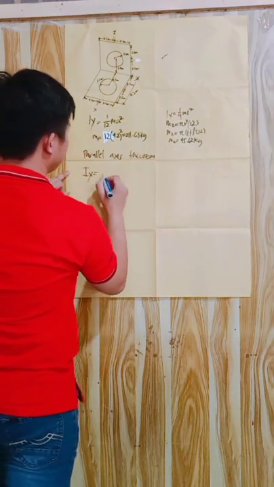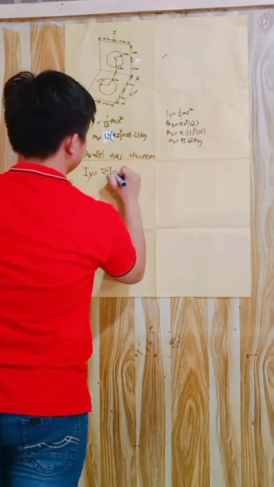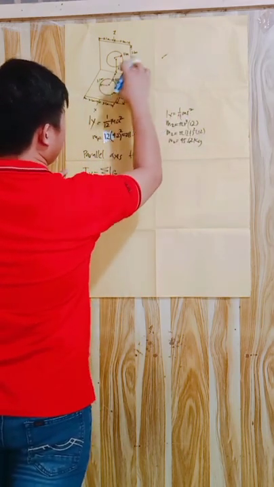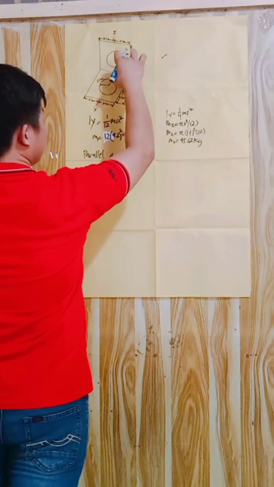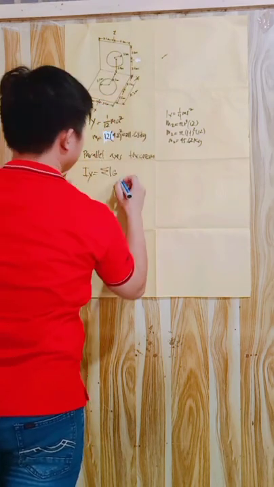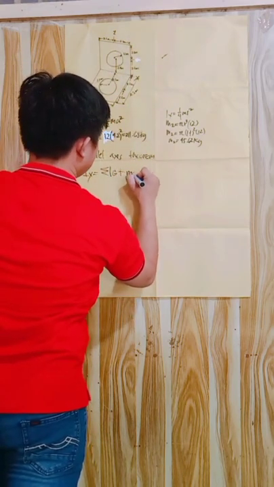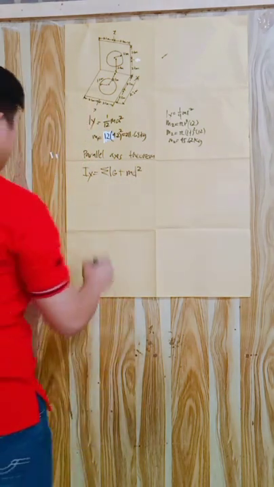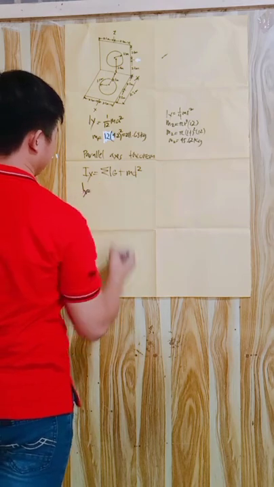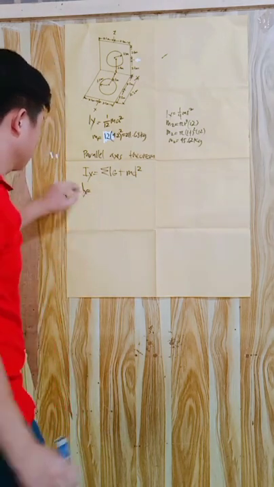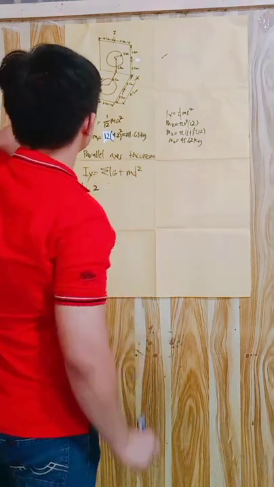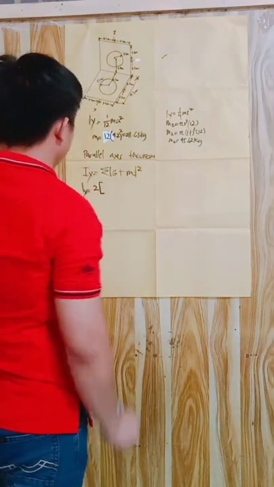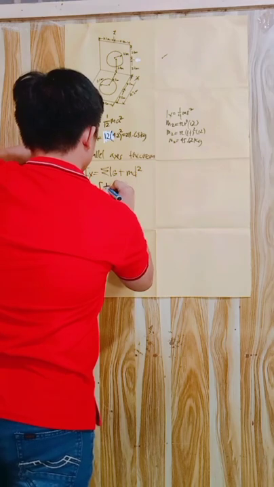Iy is equal to the summation of the inertia of that circle and this full plate plus mass times distance squared. So, because this is 2, we will multiply it by 1/12.